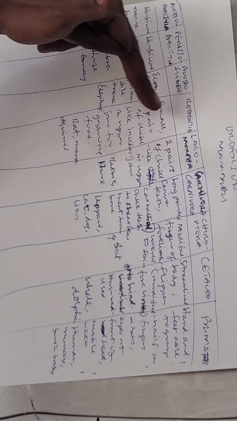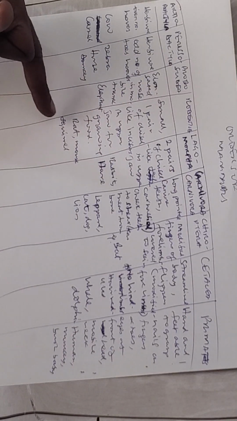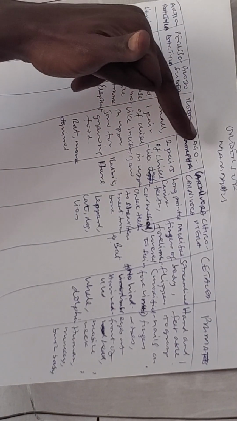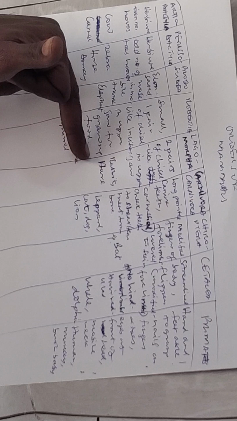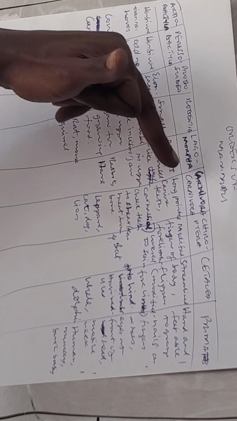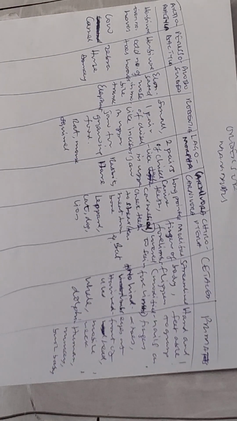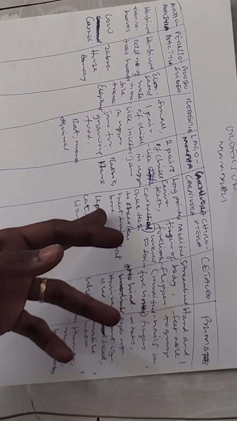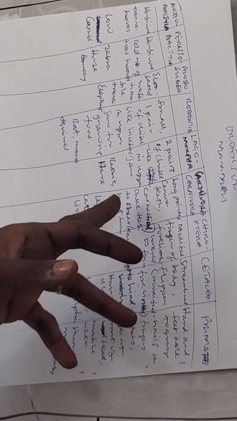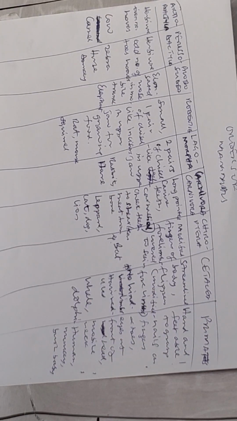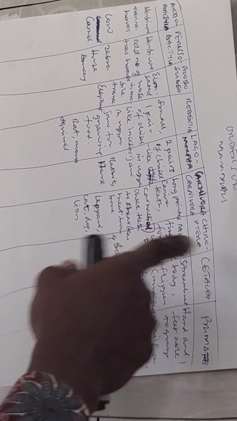And then we have the Rodentia, the rodents, example the rat. We have the Lagomorpha, example your rabbit. Carnivora, of course, the carnivores, the lions, the cats, so the leopards, they are all there, the dogs.